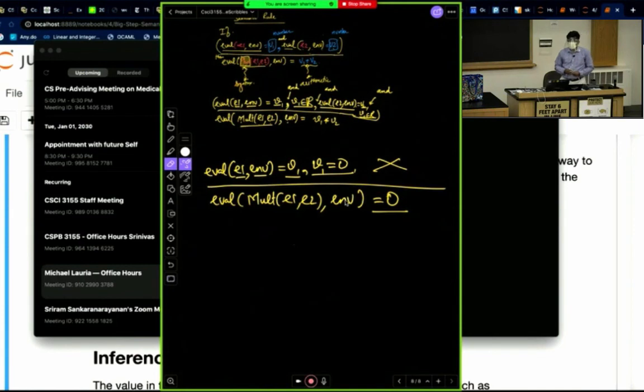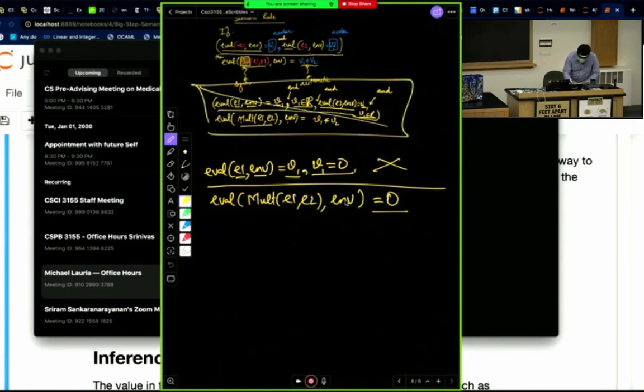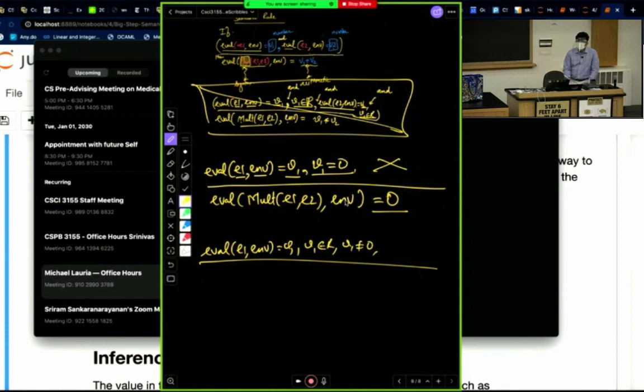Yes. So if I had this rule, this is a different rule. Forget about this rule for now. In this case, I would have had to have a different rule, and I'd have said eval E1 under the environment is V1, and V1 is a number, and V1 is not 0.